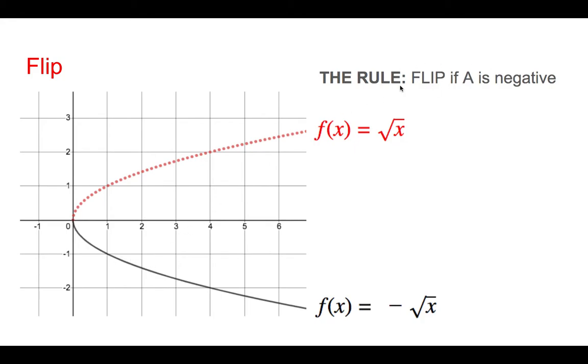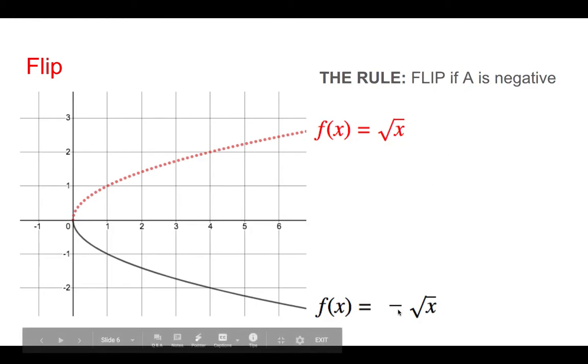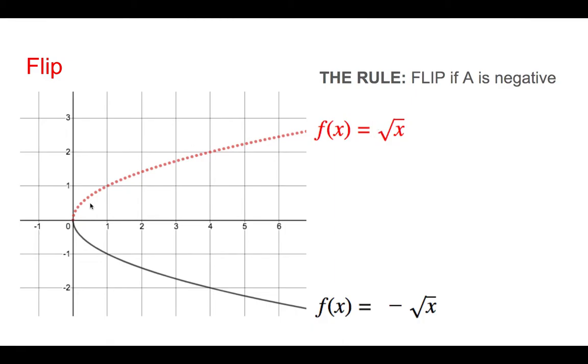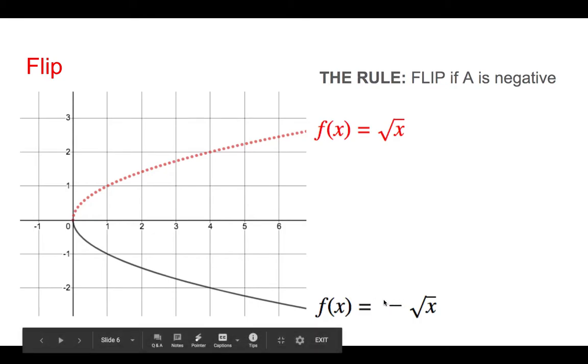So our rule is we flip if A is negative. So for example here, we have that positive 1 in front on our parent function. So positive is going up this way. And as soon as we get a negative sign out in front, so on this function down here, A is a negative 1. The negative sign out here is what creates the flip.